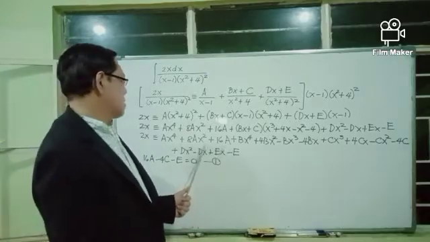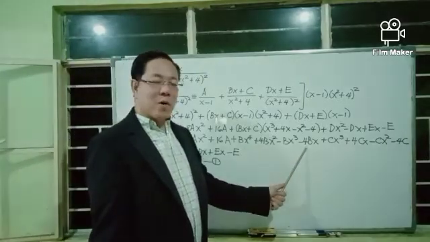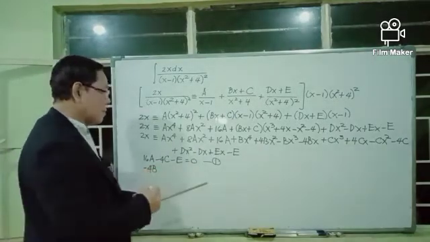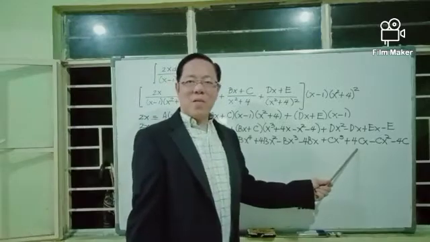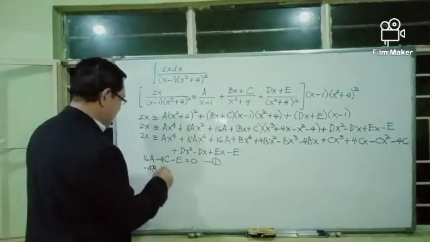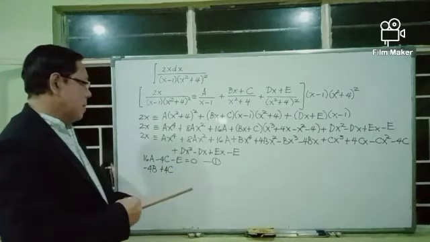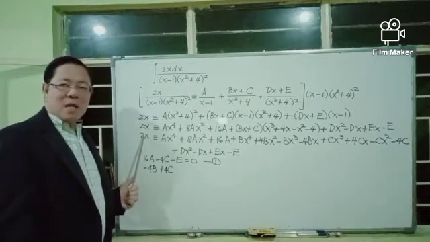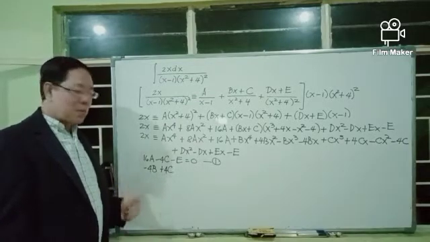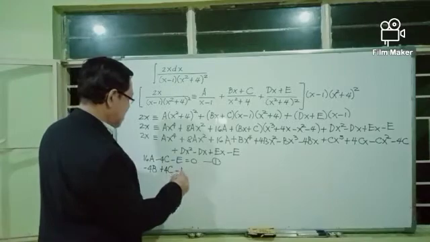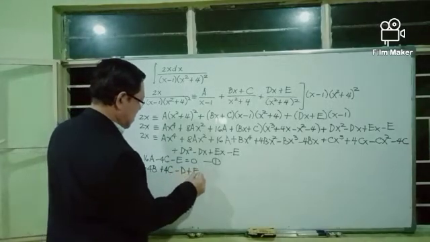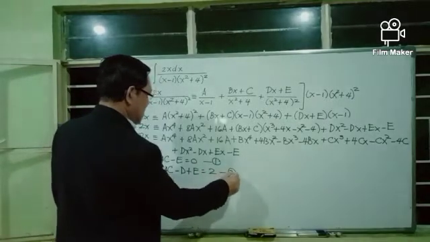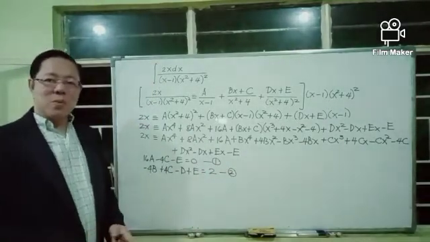Coefficient of x: minus 4b plus 4c minus d plus e is equal to the coefficient of x at the left hand side, which is 2. And we call this equation 2.